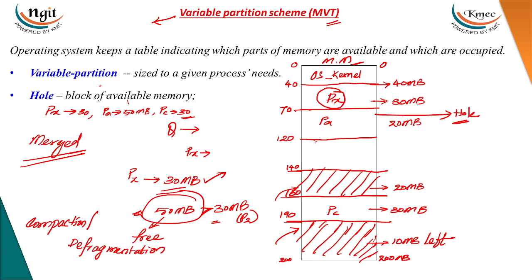Now look at PC here. Now there is a free memory. These two memories will be merged. Now there is a process PC which has 30 MB, so it also moves up, and this place will be occupied by PC.